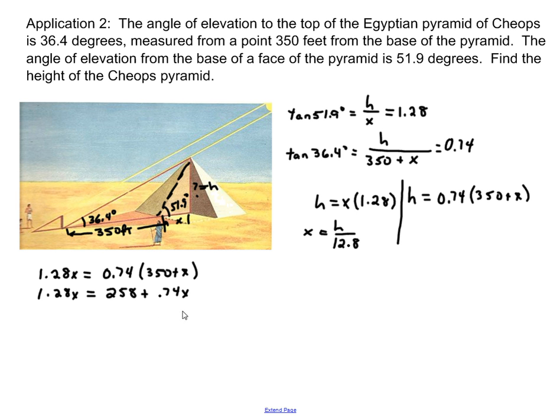And what I'm going to do is subtract 0.74x from both sides of my equation. So this becomes 0.54x over here on the left is equal to 258. Solving for x by dividing by 0.54 gives me x is equal to approximately 477.78.